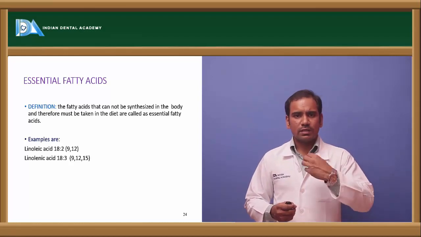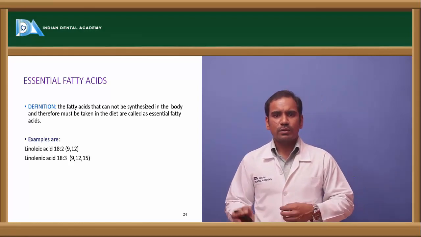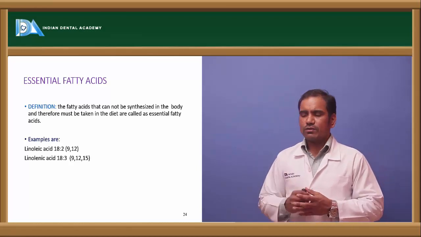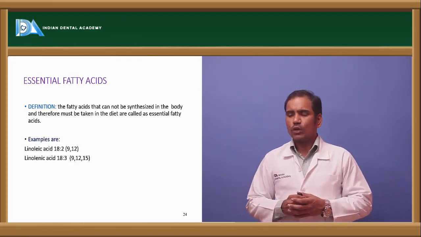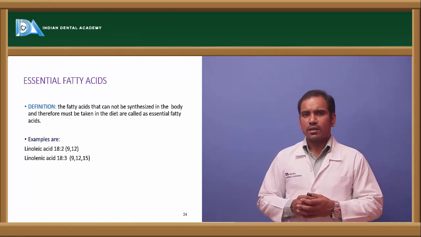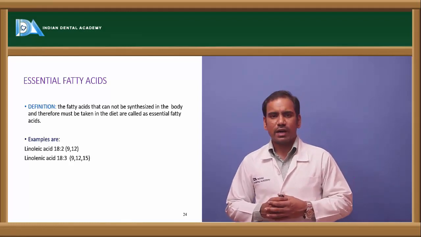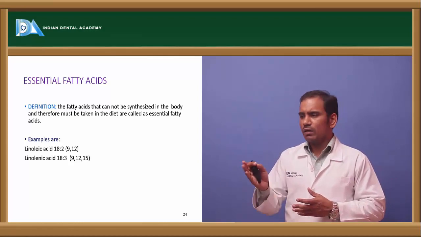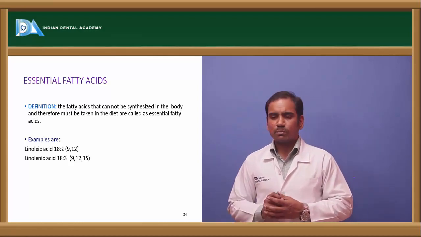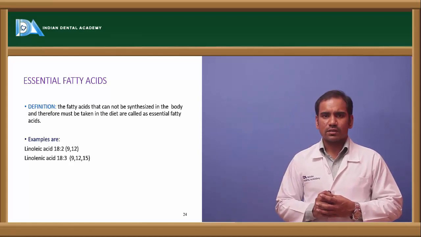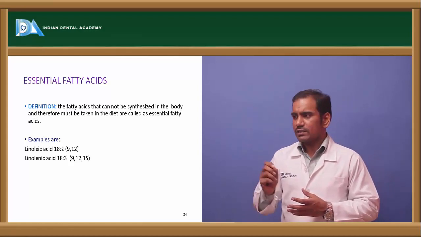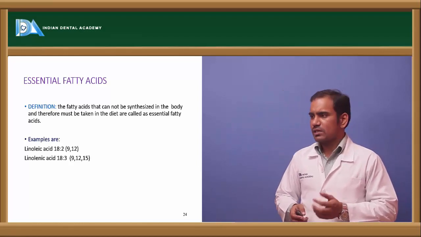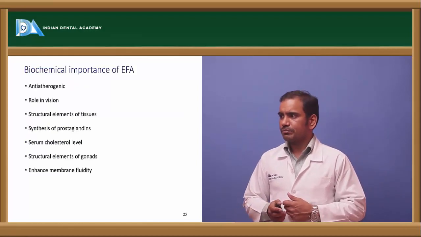Examples are linoleic acid and linolenic acid. When you see their structure, they have more than one double bond, so they are polyunsaturated fatty acids. Polyunsaturated fatty acids like linoleic acid and linolenic acid are called essential fatty acids.